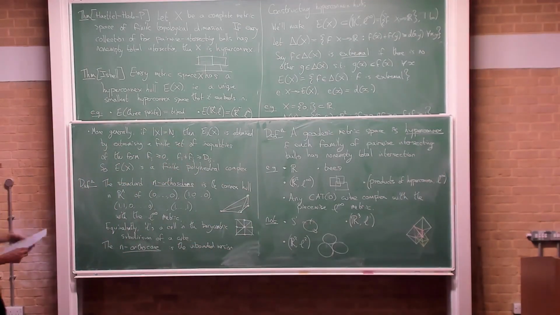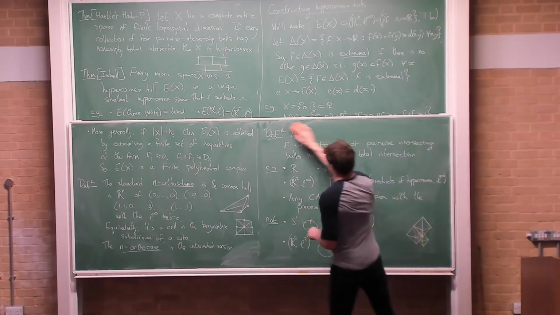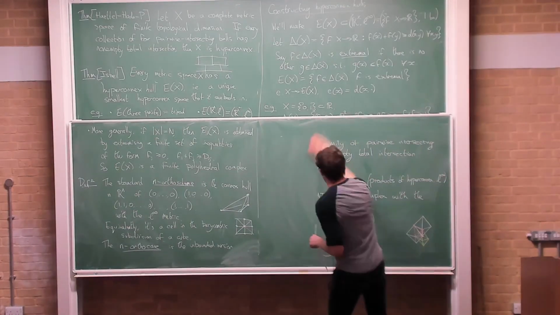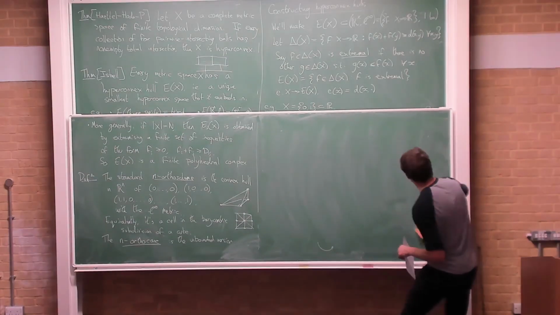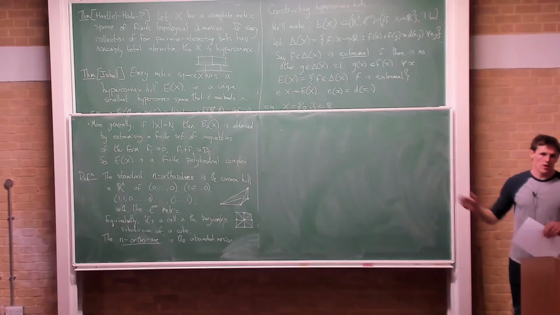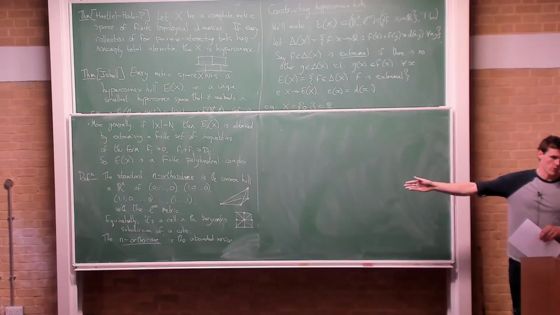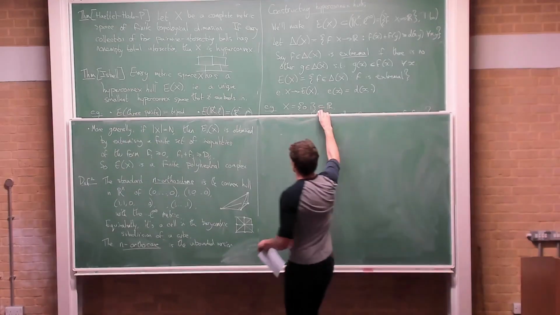Okay, so I said that the hyperconvex hull of a finite metric space is a polyhedral complex. The cells are all orthoschemes, or you can subdivide it so that the cells are all orthoschemes.